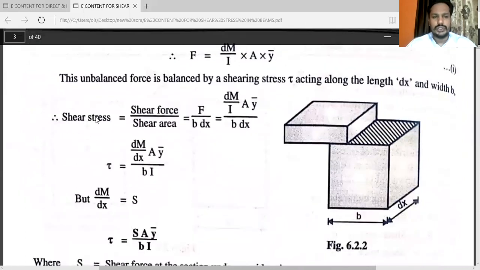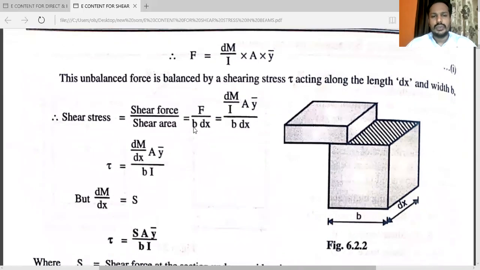We know that shear stress is equal to shear force upon shear area. So the formula is F upon b into dx. Here you can see the diagram, that is dx, force into sheared area. The unbalanced force is balanced by shearing stress tau acting along the length dx, and the width is b.